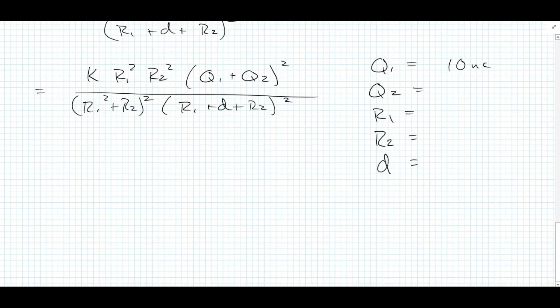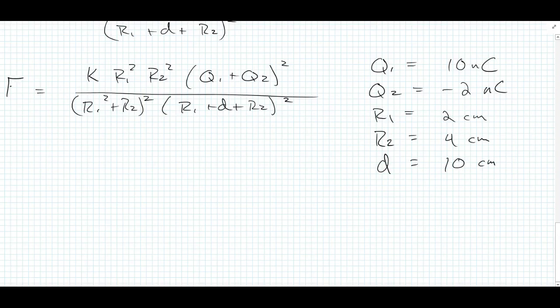Q2 is the negative 2 nanocoulombs. That means that the total charge is going to be 8 nanocoulombs. That's going to be distributed over these two spheres. R1 is the 2 centimeters, R2 is the 4 centimeters, and then they are placed 10 centimeters apart.